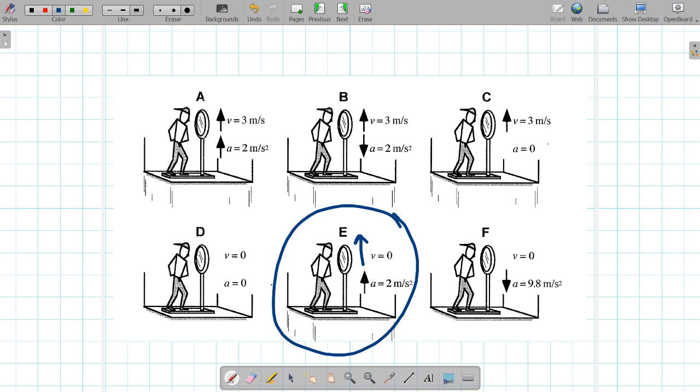For situation E, I have a positive velocity, which is 0. I draw an arrow to represent that I'm getting ready to move in the positive direction, right? Starting from 0 and getting ready to move in the positive direction. So a positive velocity and a positive acceleration, meaning that I'm speeding up.